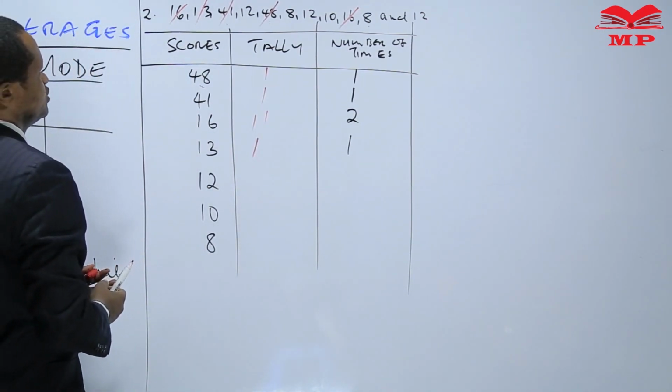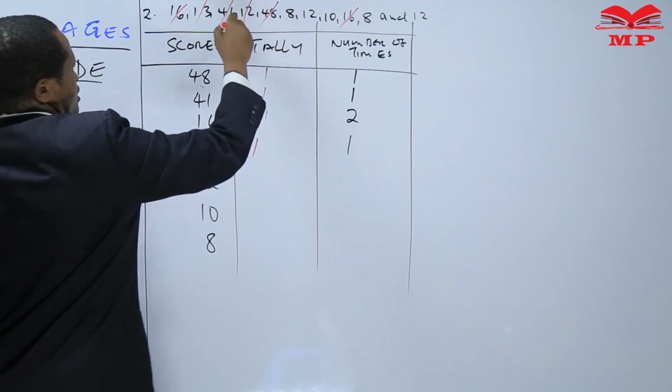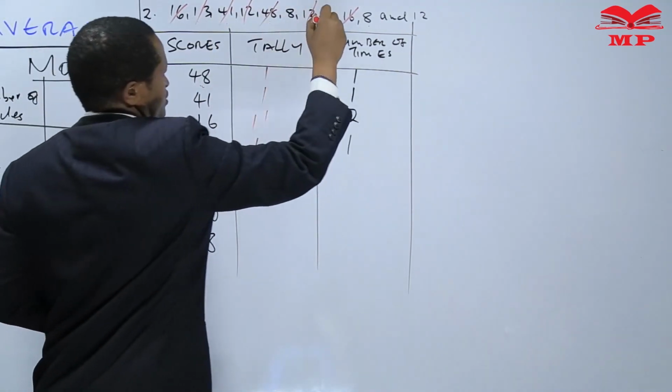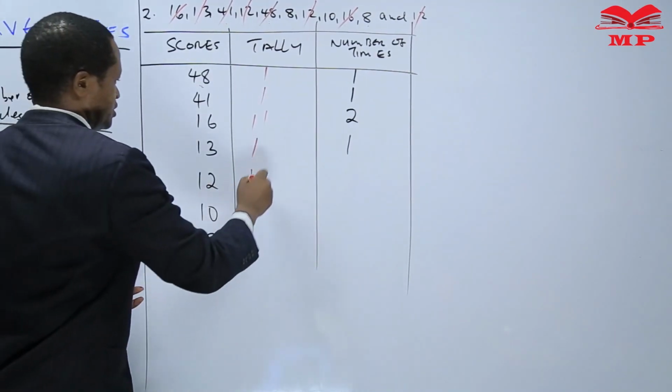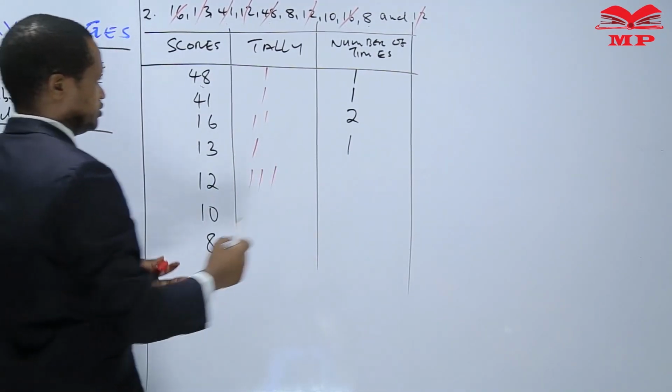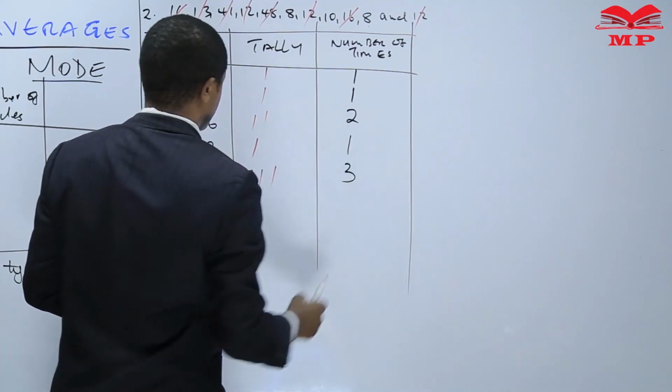Then 12 marks have one student, second student, third student. These are 3. So 3 students scored 12 marks.